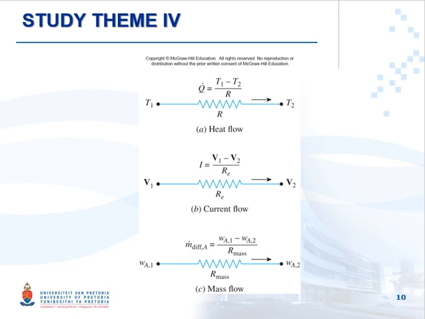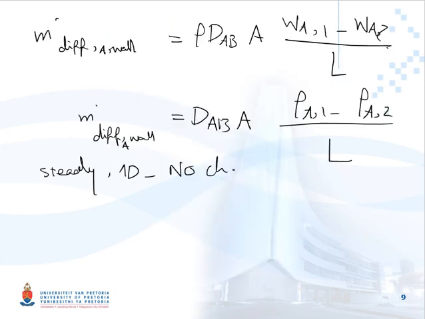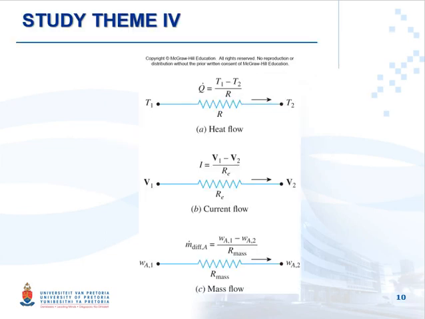Okay, but now how do we find the diffusion resistance? If we want to find it, we just go back here and write it down and see if we can find the diffusion resistance. So m dot diffusion is rho D_AB A (WA1 minus WA2) divided by L.